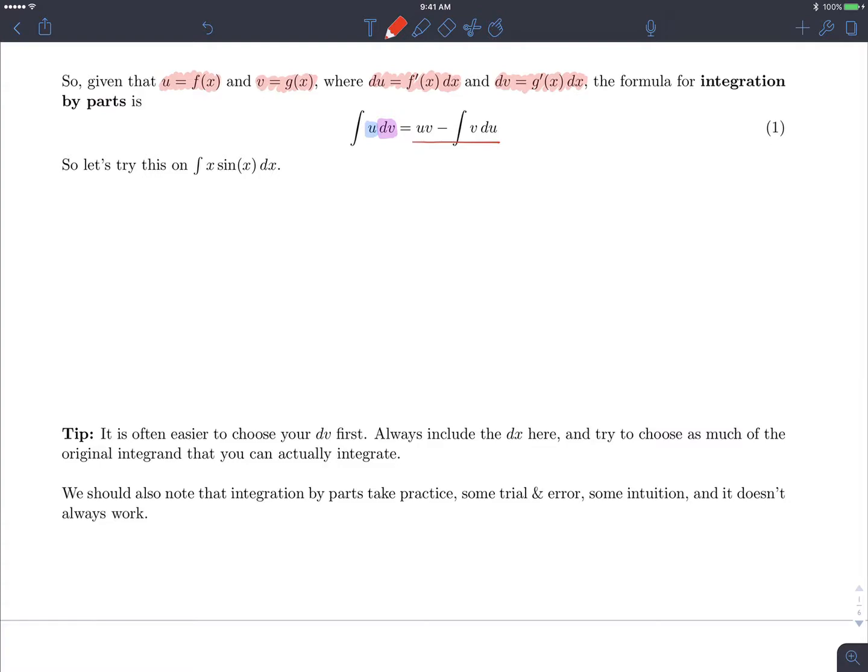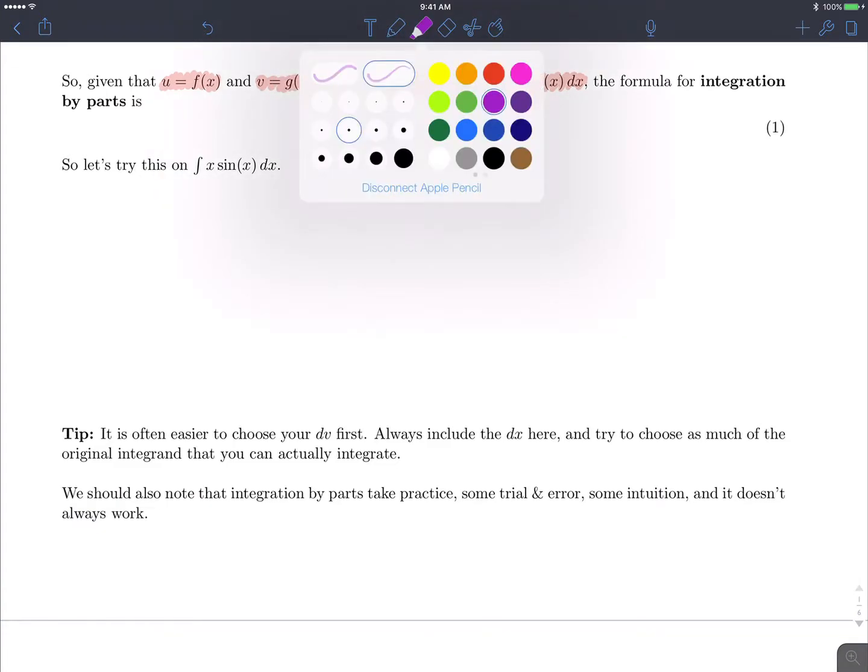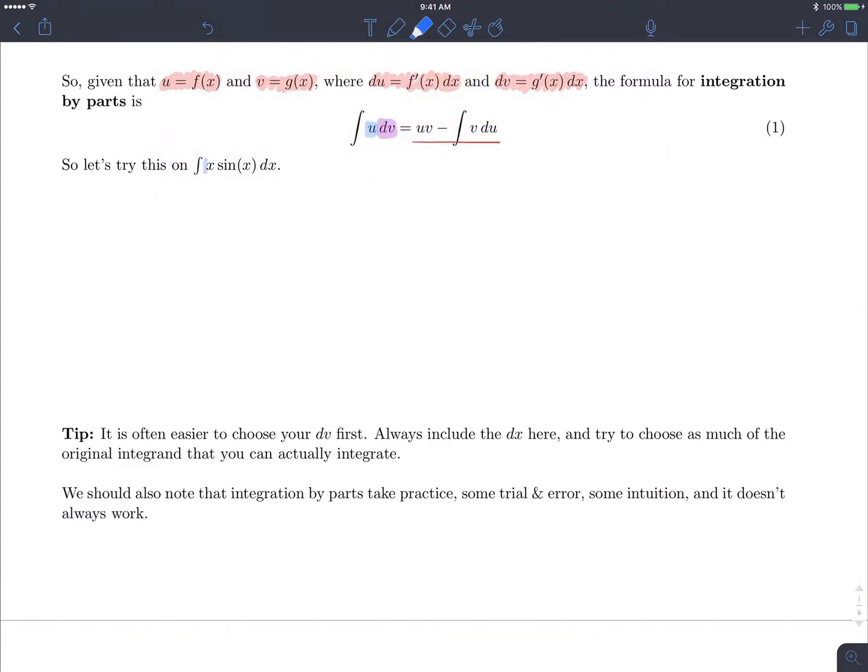We'll talk about how to appropriately choose our u and our dv later, but for right now, let's go with these choices. I'm going to let x be u, and we are going to let sine of x dx be our dv.